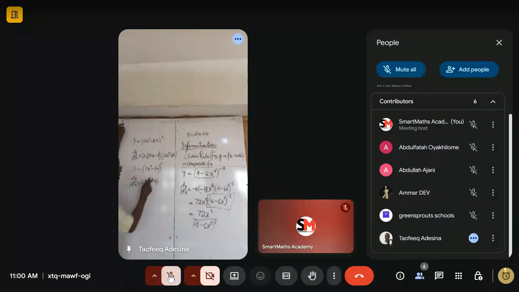Then reduce the power by 1, which is 7x cubed minus 4x raised to power 4. When you look at this, we can expand this one without touching this, because the power of this one is 1. That's why we can expand it.